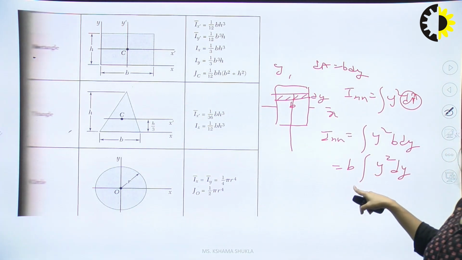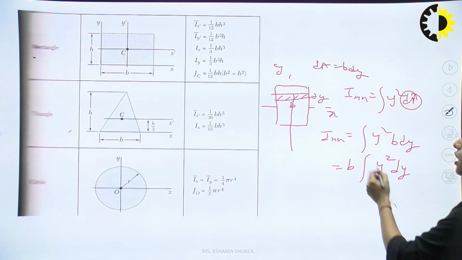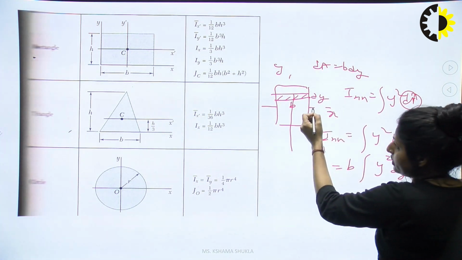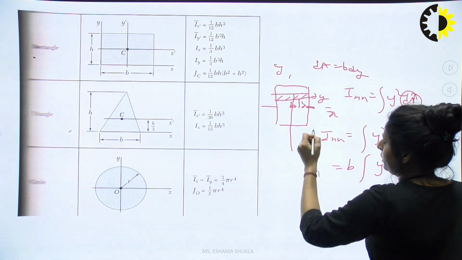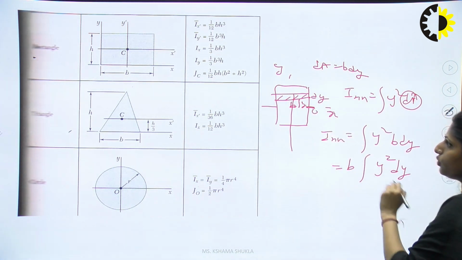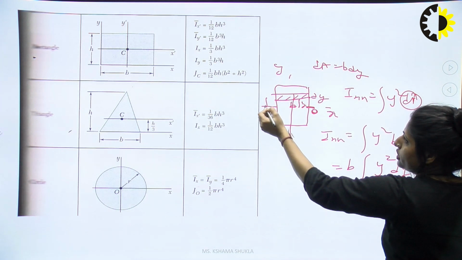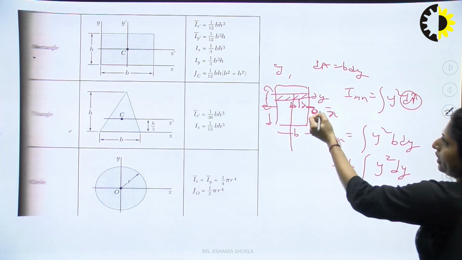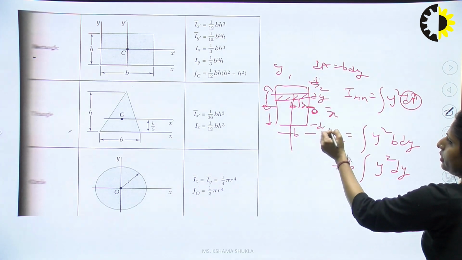We need to integrate that equation within some limits. The limit we can understand: this is the value y, the y distance from the neutral axis. So I'll take the value from the neutral axis. The neutral axis value is 0 and the total depth is d. If I take it from 0, it is d by 2 and on the other side minus d by 2.